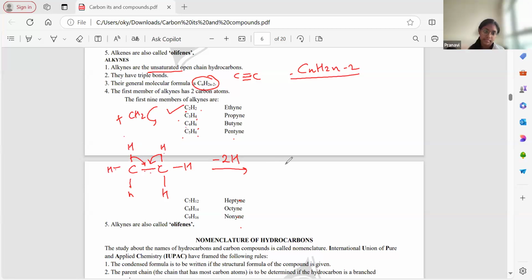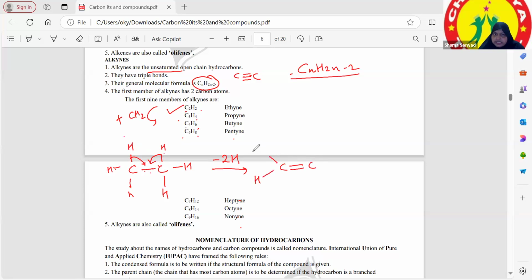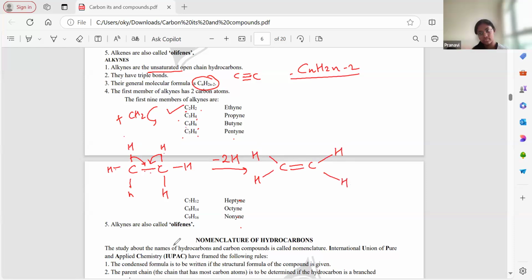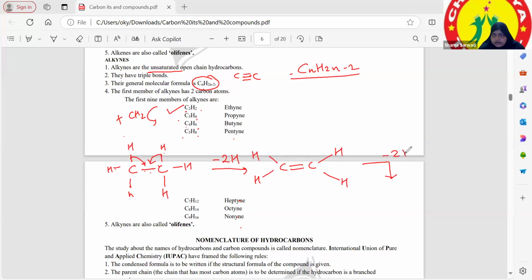You get a carbon-carbon double bond, and the valency needs to be satisfied, so 2 more hydrogens remain as they are. And if it loses 2 more hydrogens, in the same way a carbon-carbon triple bond will be formed, because already 2 bonds exist, and 1 more bond would be formed in between by the loss of 2 hydrogens.